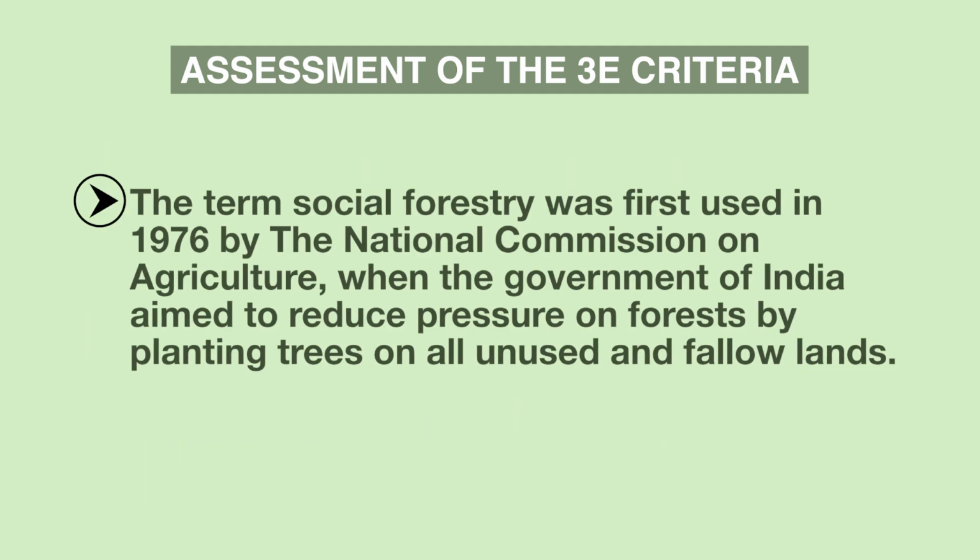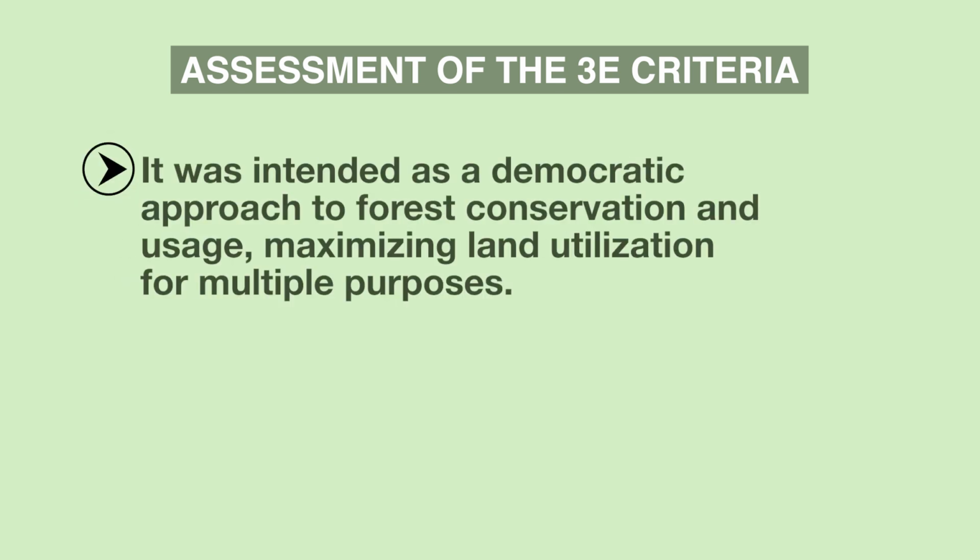The term social forestry was first used in 1976 by the National Commission on Agriculture, when the Government of India aimed to reduce pressure on the forest by planting trees on all unused and fallow lands. It was intended as a democratic approach to forest conservation and usage, maximizing land utilization for multiple purposes.